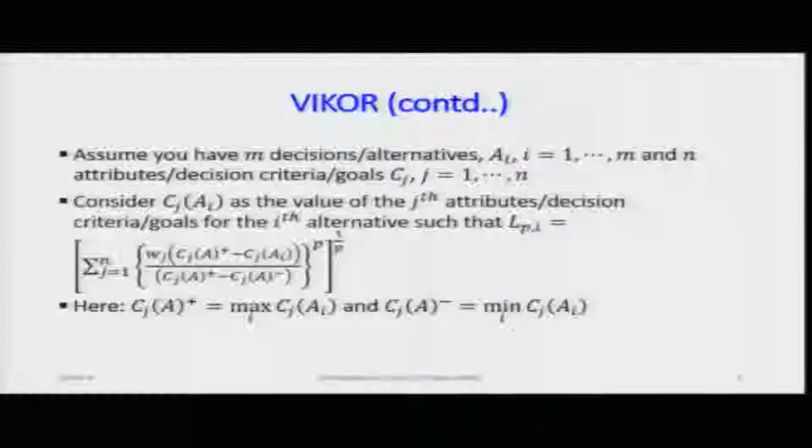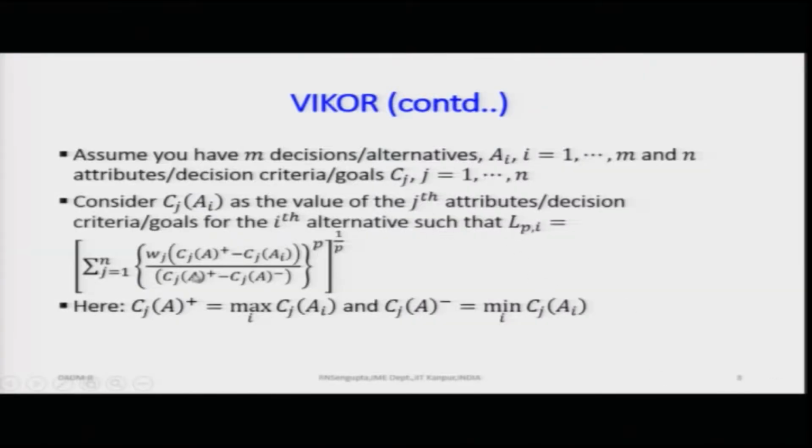Such that Cj(Ai) would mean the overall characteristics of the criteria, or the priority value which accrues from the relationship between the jth criterion and the ith alternative. So, we will consider the distance function based on this.